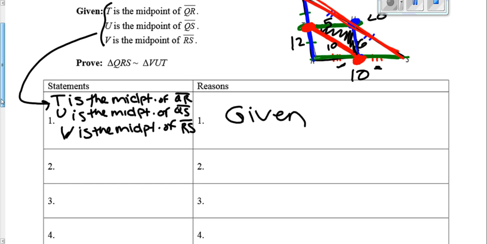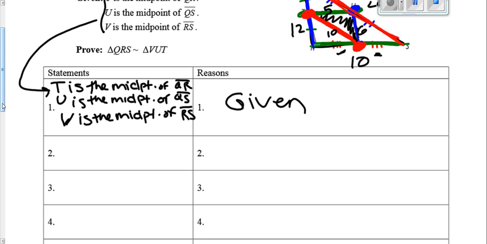Let's start with the green line, TU. All right, so TU, and I'm not putting a bar because we're talking length now, is 1/2 the length of RS. And remember, we learned in Unit 1, when we say length without putting the bar, that means length. Here is why.